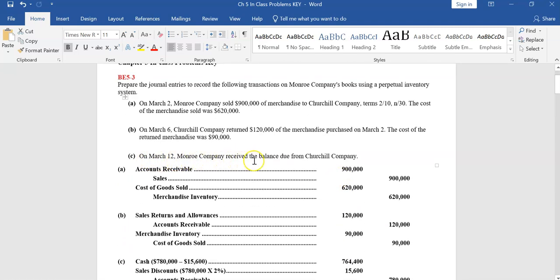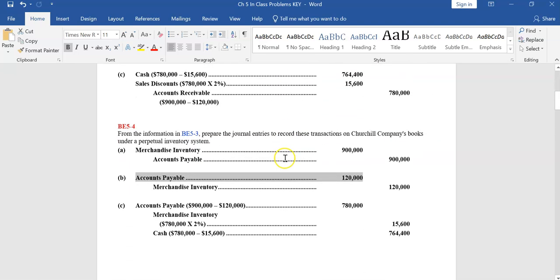Finally, on March 12th, when Churchill pays Monroe, the amount that Churchill now owes is not the original $900,000. Churchill has a liability now for $120,000 less because they returned some of that inventory. That means they now have a liability of $780,000 that they need to pay off. They're going to pay off the full liability.